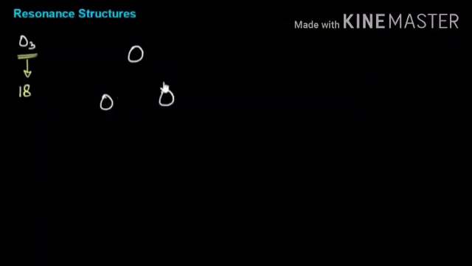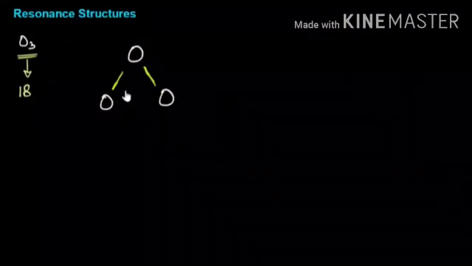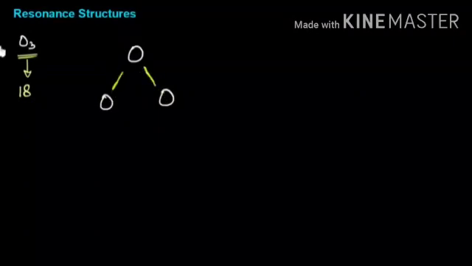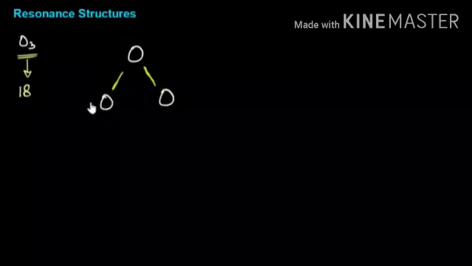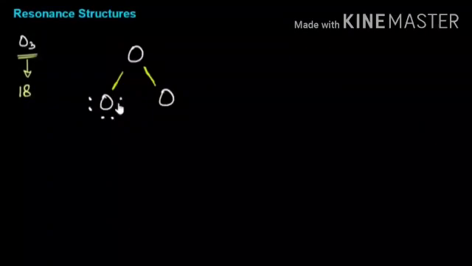The possible structure for ozone is: we draw 3 oxygen atoms and draw the single bond for the skeletal structure of ozone, and this skeleton contains 2 bonds. As there are 2 bonds, 4 electrons are occupied in these 2 bonds. Now we have to complete all the valence electrons of each oxygen.